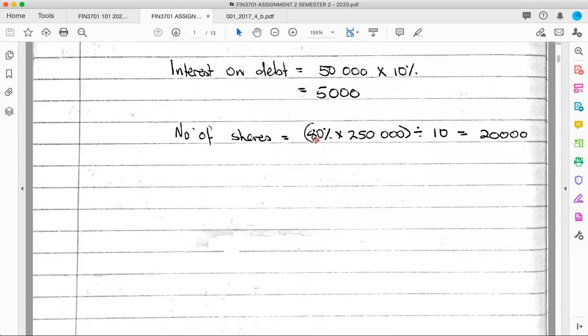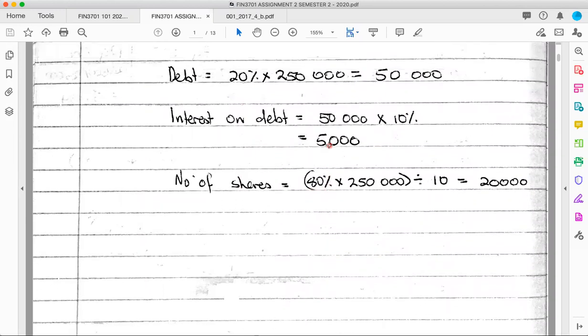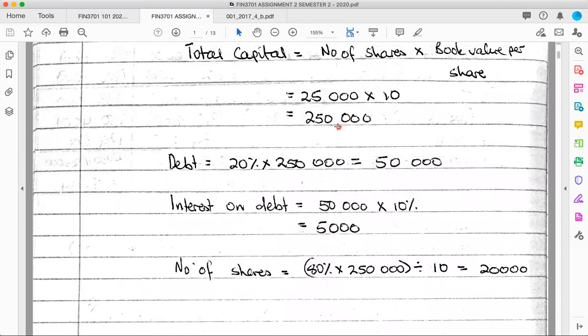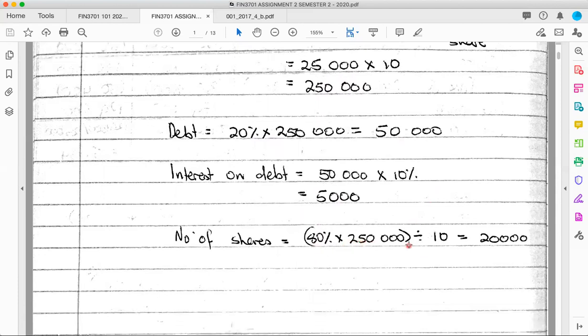And then lastly, we calculate the number of shares. If this 250,000, 20% of it is going to be debt, it means 80% of it is going to be equity, because we are still going to maintain this 250,000, but we're going to divide it 20% debt and 80% equity. So 80% of 250,000 will give us the number of ordinary shares.